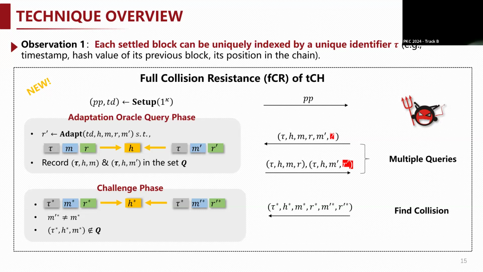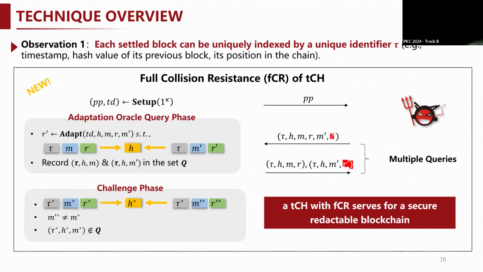And finally, the adversary outputs a collision, and it wins if the message m star is different from m prime star, and their hash values are the same with respect to the tag tau star. Moreover, the tuple tau star, h star, m star is not in the set Q, which means the tuple is fresh and never appears in the adaptation query phase. Such tagged chameleon hash with full CR also serves well for redactable blockchain.